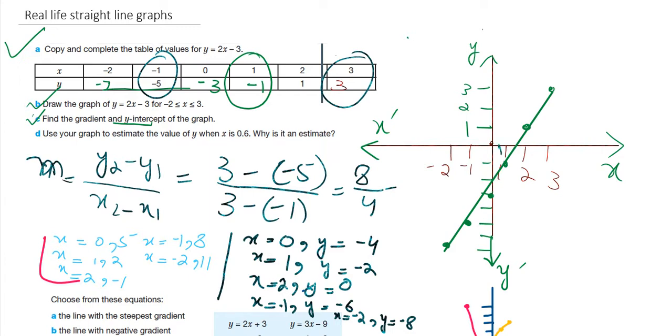is 0.5, and the next value will be 0.6. Okay, so what will be the value of y from this graph?